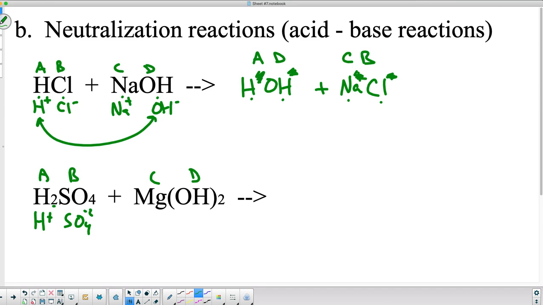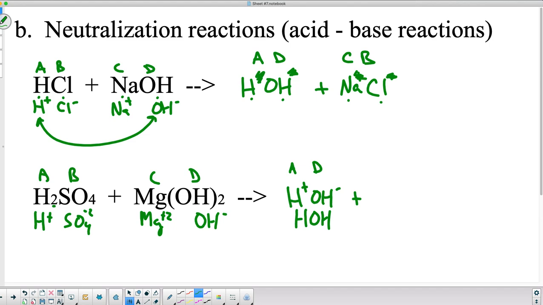So on this side here, I got Mg with a +2, and the D is an OH with a -1. So when I move A and D together, notice again, I'm moving H plus and OH minus like this. And then I go plus, so this is A and D, like that. Okay, now obviously this is going to be HOH, which is the same thing as H2O.